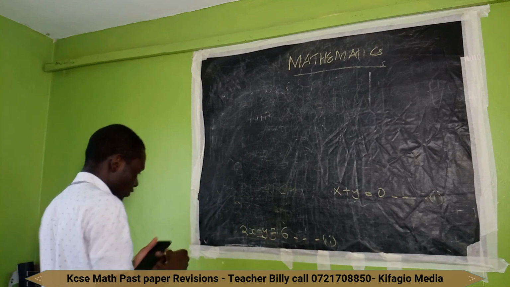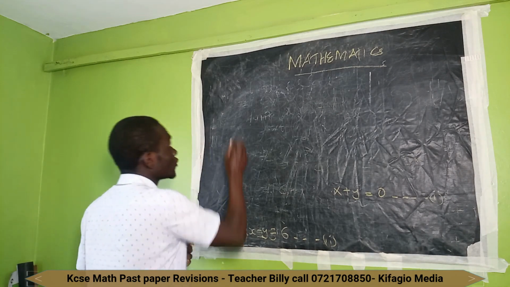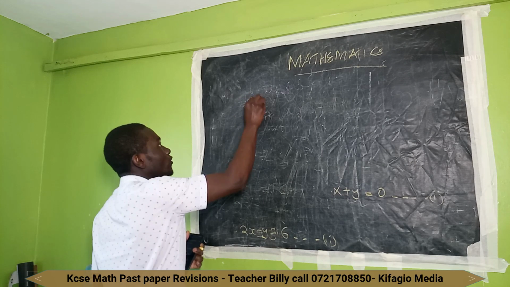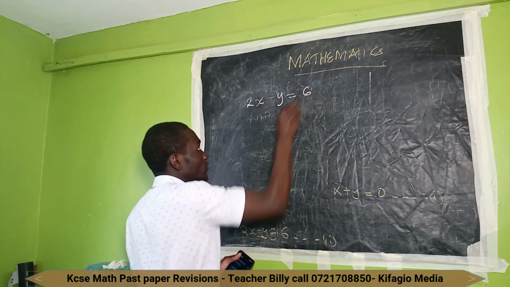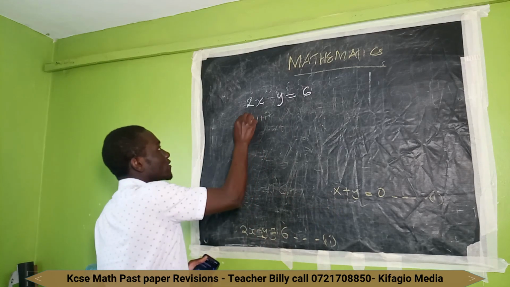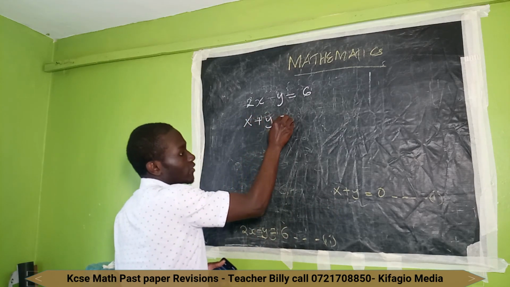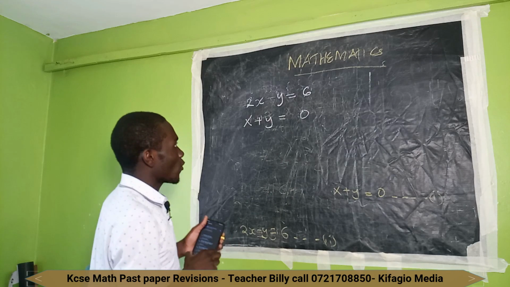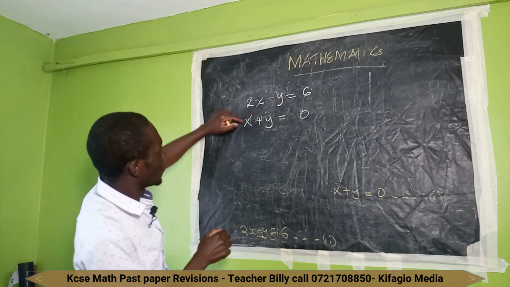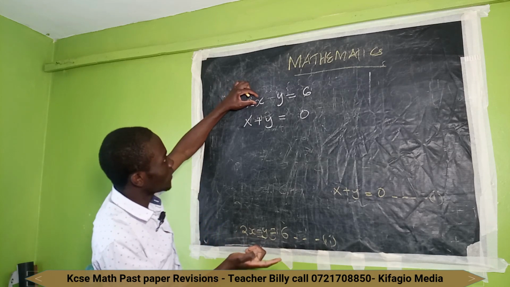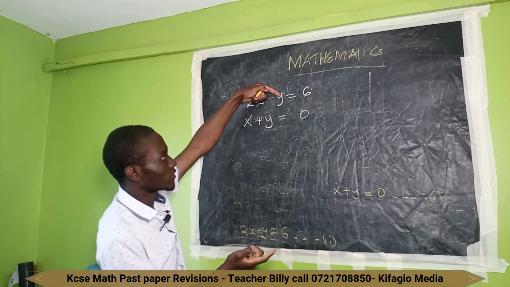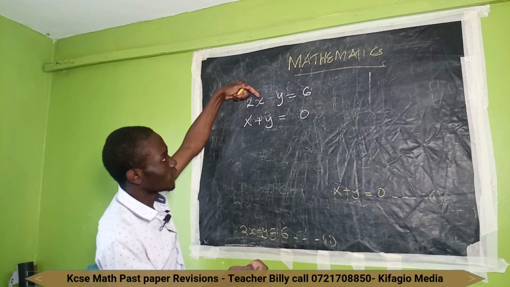Remember, these are our two equations: 2x minus y is equal to 6 and x plus y is equal to 0. By the substitution method, we have two variables here, x and y. These are simply letters representing unknown values.